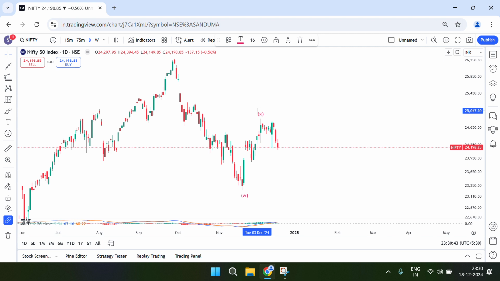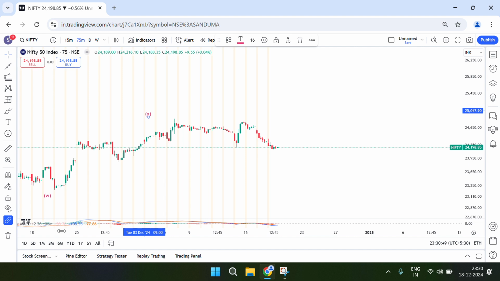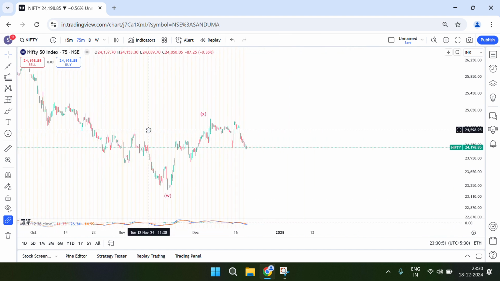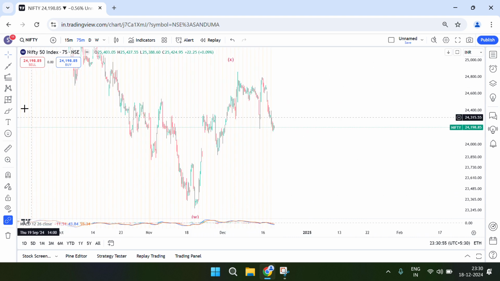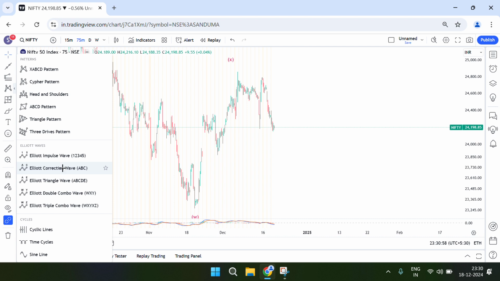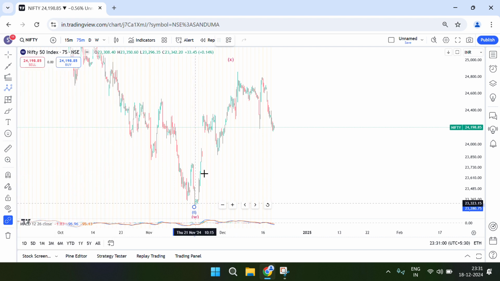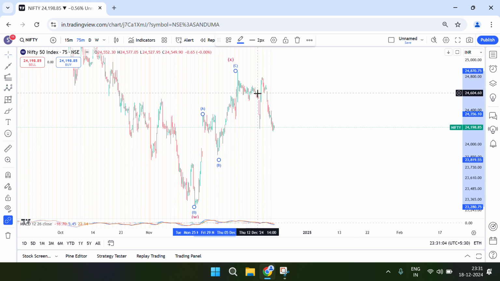Now we'll need to see the internal movements as well, the internal counts between these. So let's move to 75 minutes. Here also, this is a pretty standard ABC kind of correction. This is how we will try and mark it. This is A, this is B, and this is making C here.